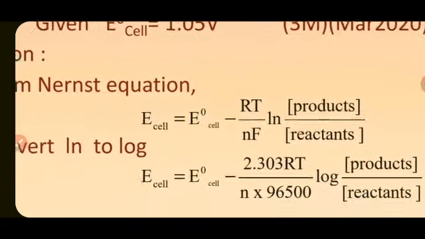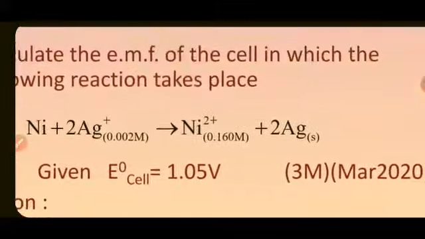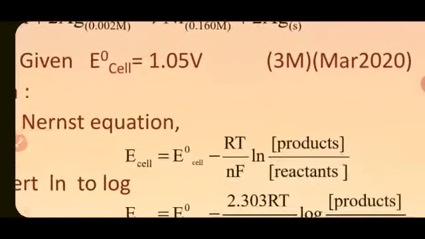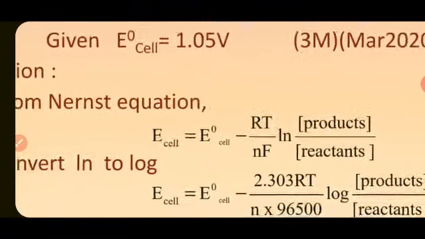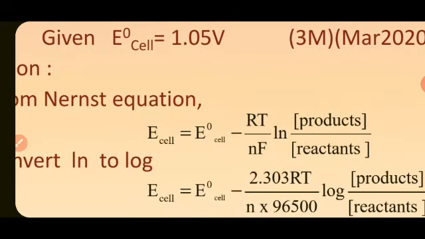So from Nernst equation, whenever we have to calculate the E cell, EMF of the cell, always we have to use Nernst equation. So E cell is equal to E0 cell minus RT by nF into ln of concentration of products divided by concentration of reactants.